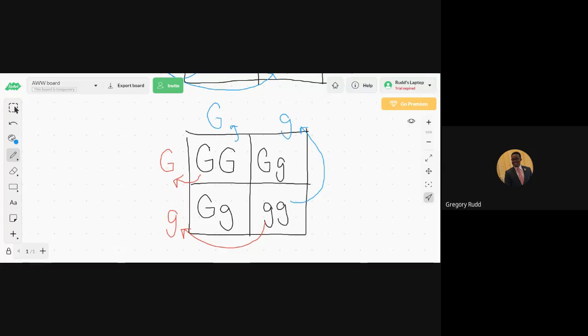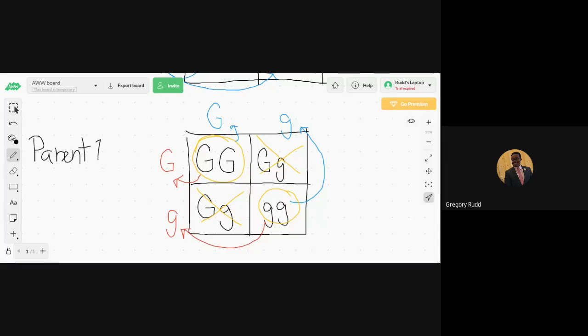There has to be a lowercase g there. So do you see how I literally just reverse my arrows and I figure out what's on the outside of the box? You should also note that I didn't even really need to pay attention to these boxes. I only needed to focus on 2 of them, that box and that box. And now I know my parental genotype.